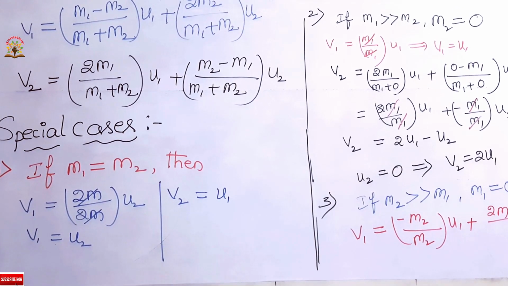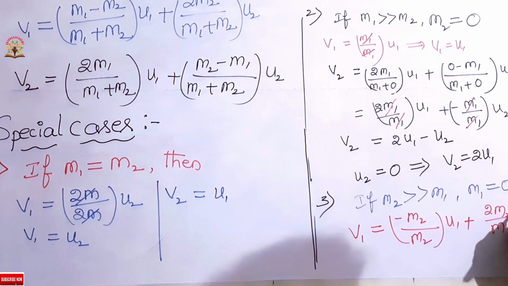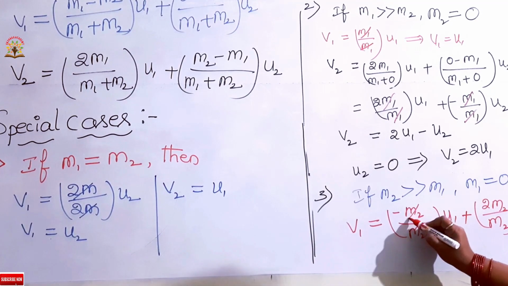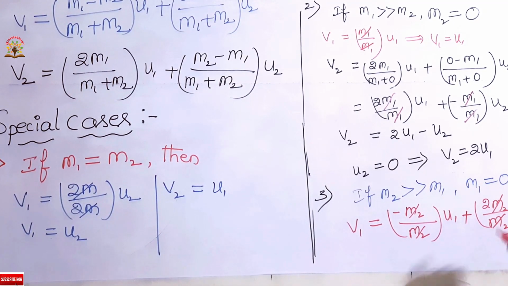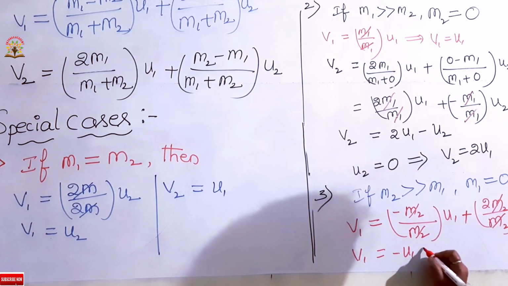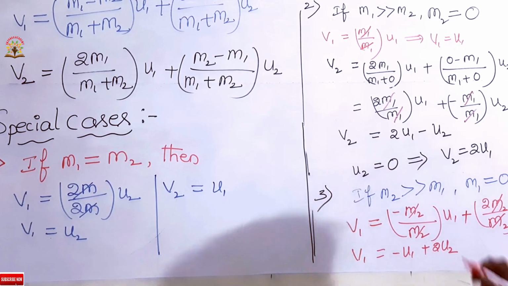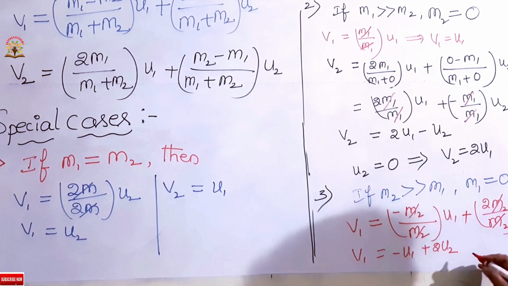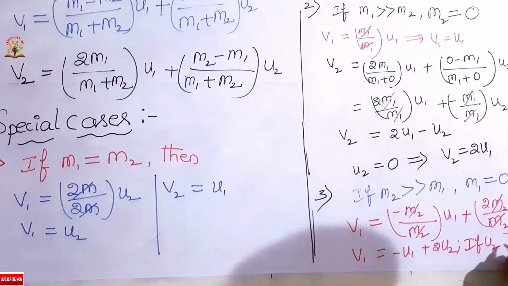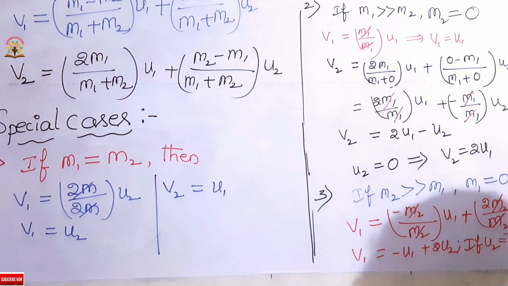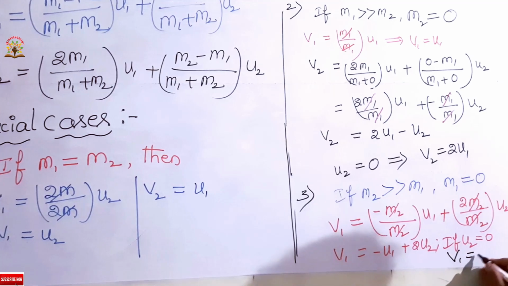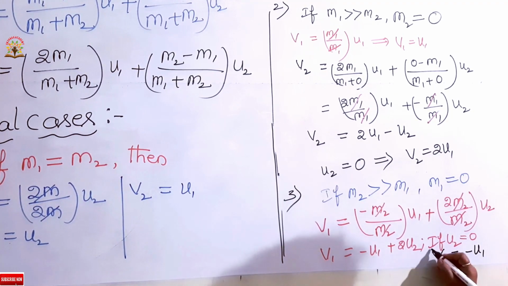What is the m1 value? 0. Here 2m2, here also m2 into u2. Here m2 m2 cancel and here also cancel. The expression for V1 is minus u1 plus 2u2. If u2 is equal to 0, then what is the expression for V1? V1 is equal to minus u1.